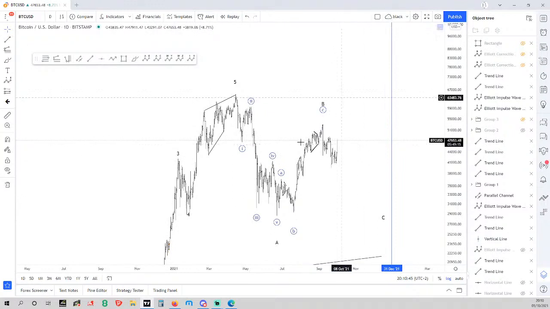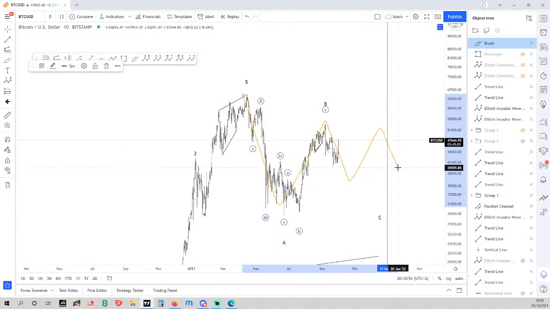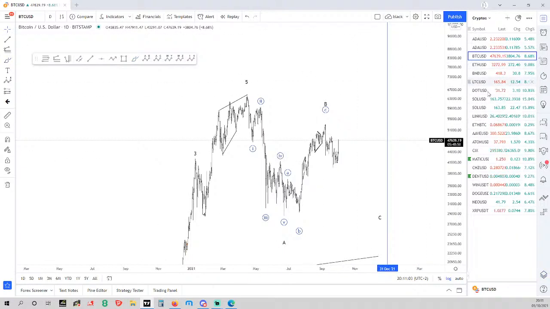I don't think that's going to happen. The most bearish scenario we could get is that C is a triangle, to be honest. I don't think we're going to get this wave C, at least not in the near future. Hope that answered the question.